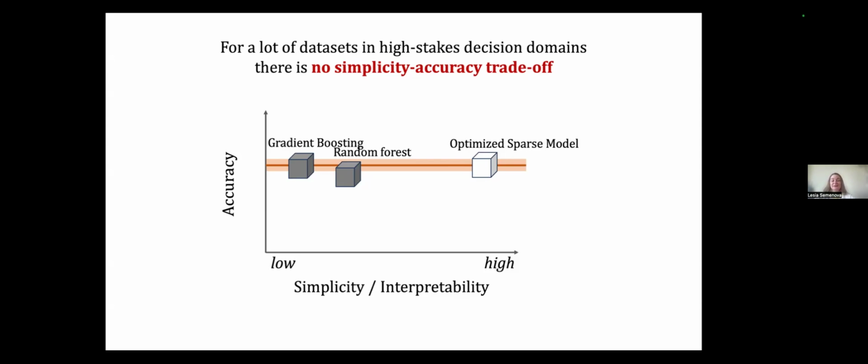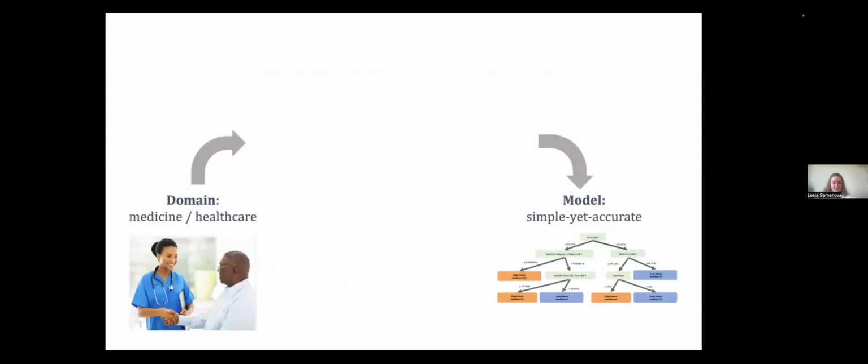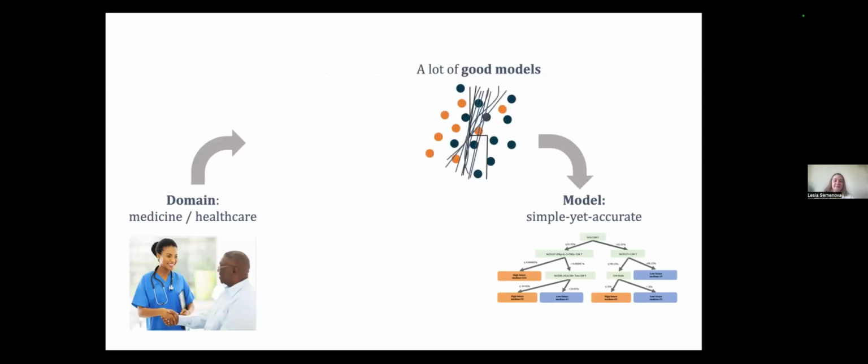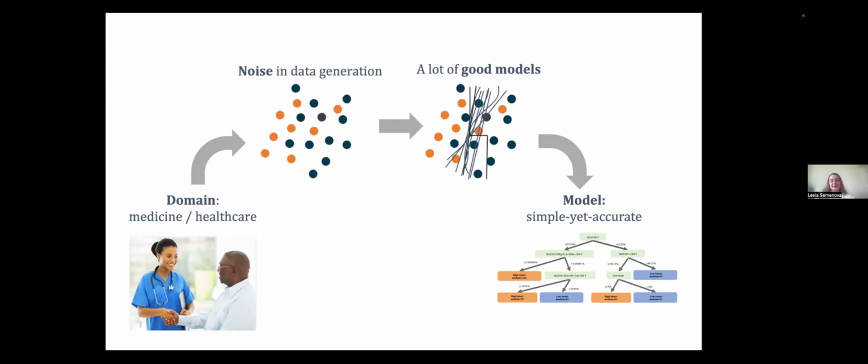More specifically, we will go through two different steps. First, we will talk about a set of good models. This is a set which I also call the Rashomon set, where you have multiple models that perform approximately equally well. We will chat about how it relates to the existence of simple yet accurate models. In the second step, we will talk about properties of the data, and more specifically noise in our data generation processes, and what it means for high-stakes decision domains such as healthcare, lending, or criminal justice, and how it relates to the existence of simple yet accurate models.